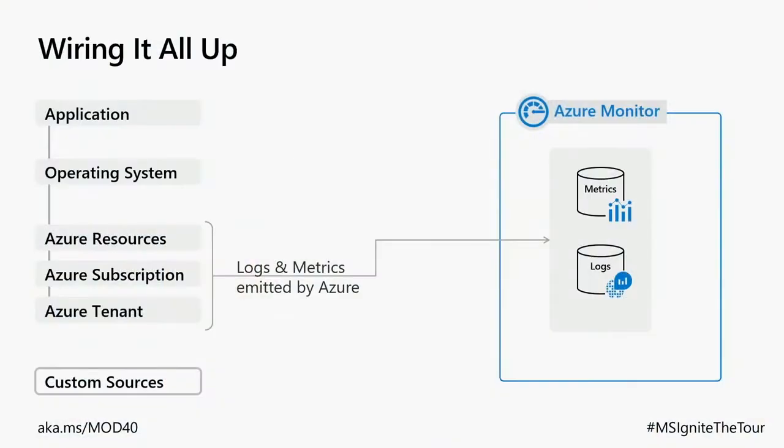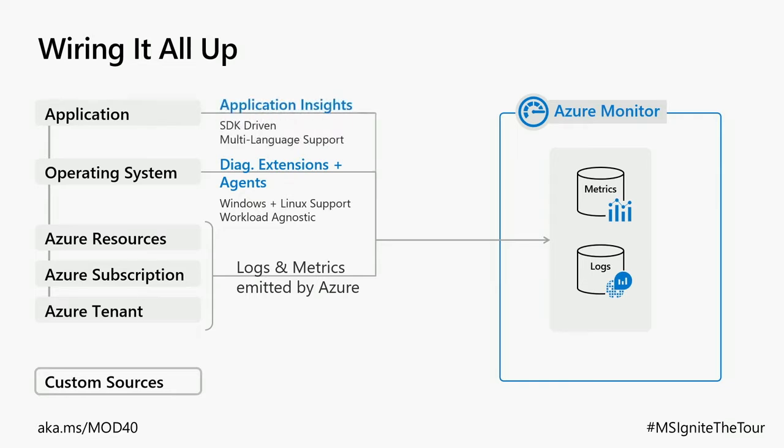So if we look at where it comes from and how it is wired, everything which I would call the fabric of Azure is emitted automatically by Azure. This is going to flow into Azure Monitor automatically. The information from the operating system is monitored also via diagnostics extensions and different agents. That's going to flow automatically. For your application, you can use the Application Insights SDK, and we have different SDKs for different languages.